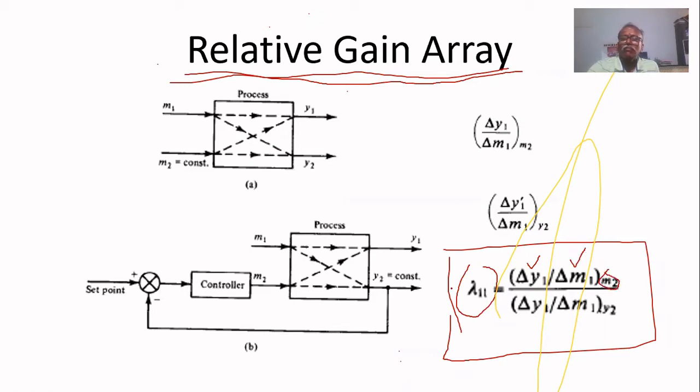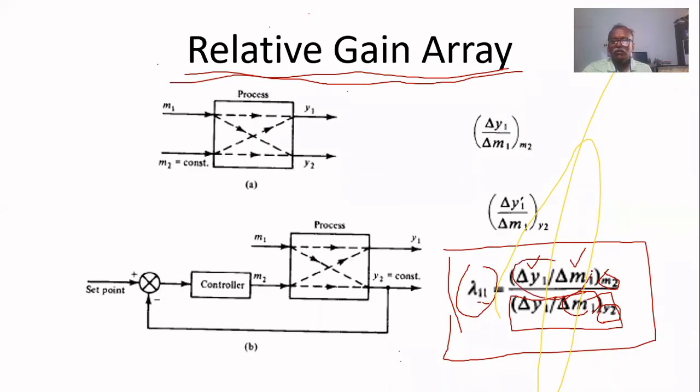That is the numerator of lambda 1 1. What is the denominator? The denominator is again change in y1 for change in m1, keeping y2 constant. This 1 1 corresponds to this ratio.